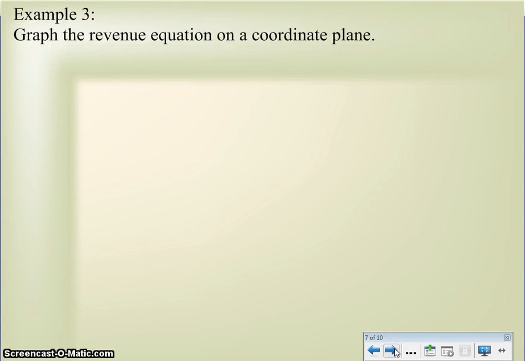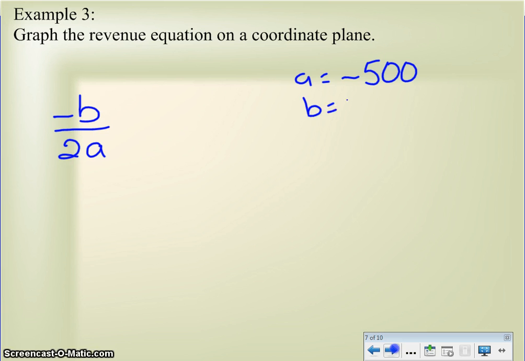All right, example 3 says to graph the revenue function on a coordinate plane. So when we're looking at that, it is a portion of our quadratic formula that is negative b all over 2a. And we've already identified that a equals negative 500 and b equals the 30,000.